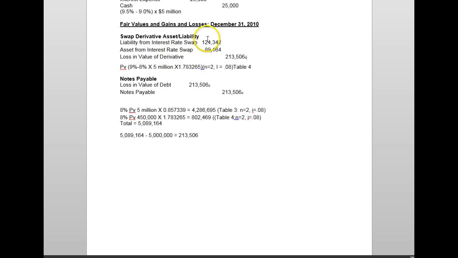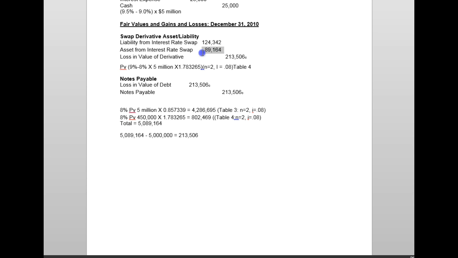Now we have to do the same thing with the swap derivative. Remember, it was a liability last year. But guess what? Now we're on the other side. It's become an asset. So we're going to have to get rid of this liability we had laid out, and we're going to have to add how much it was for an asset.